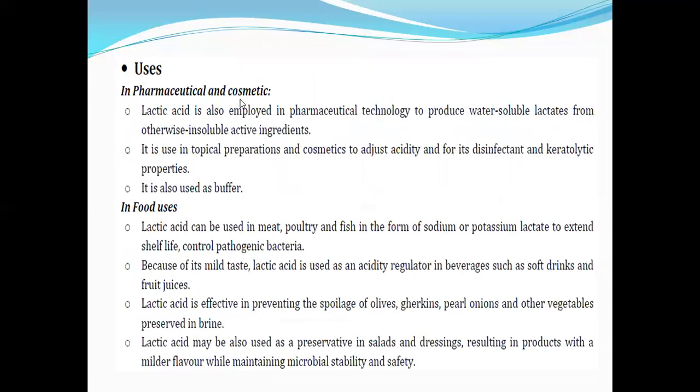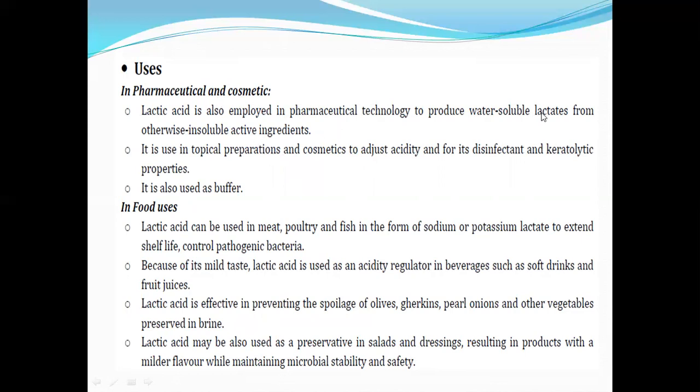Now, the main important concept we are going to discuss here is the uses of this lactic acid molecule. First of all, we are going to discuss its pharmaceutical uses. It is employed in pharmaceutical technology for the production of water soluble lactate compounds from otherwise insoluble active ingredients.